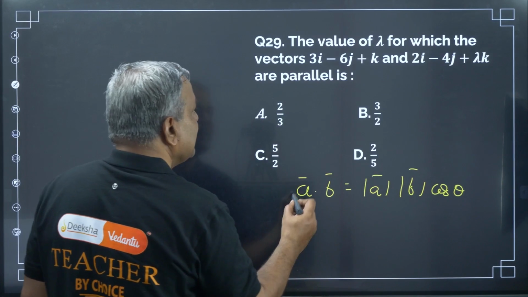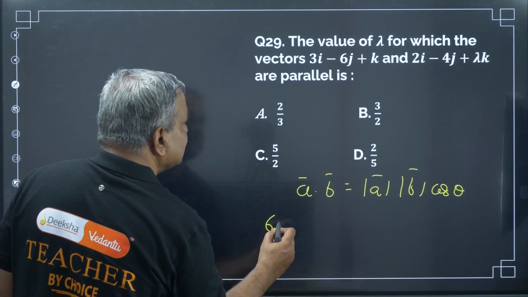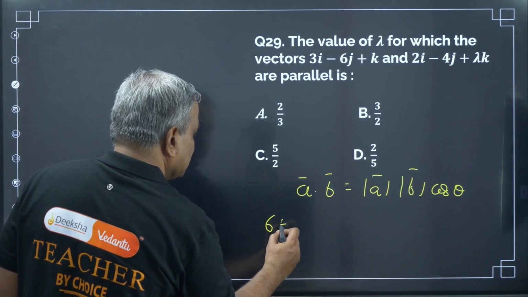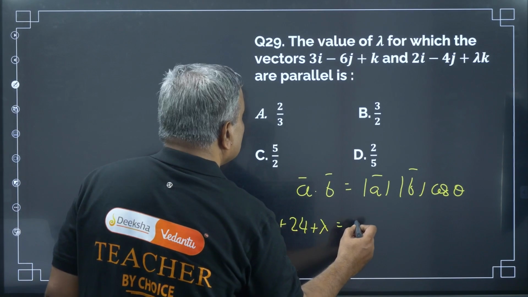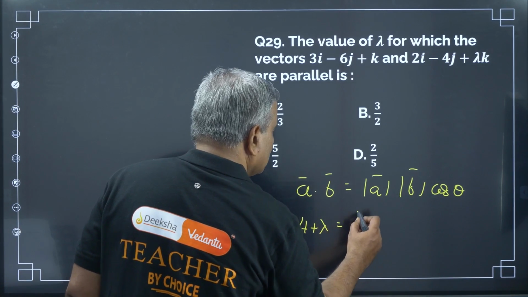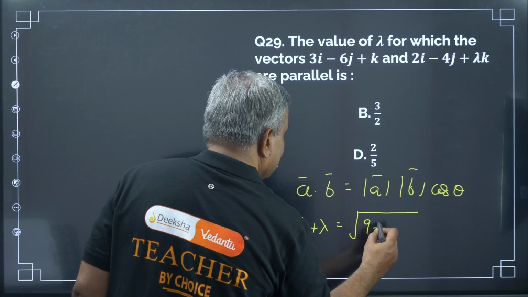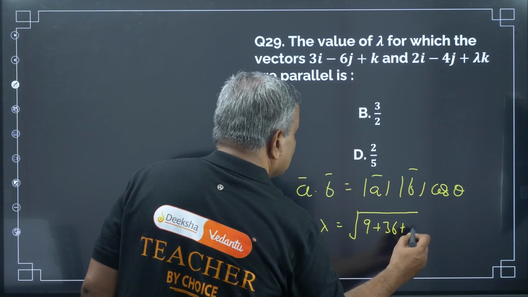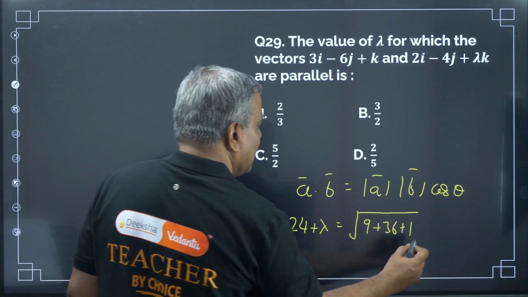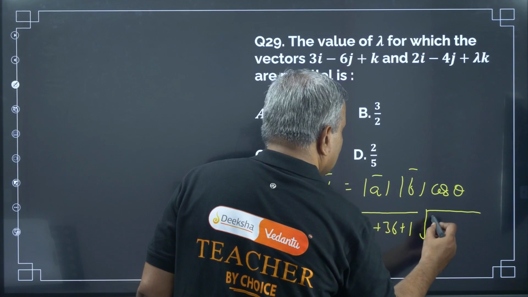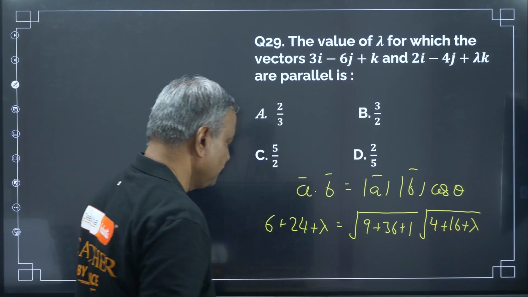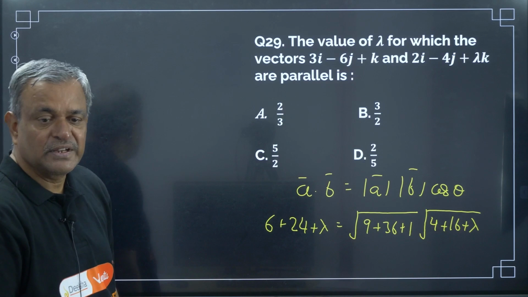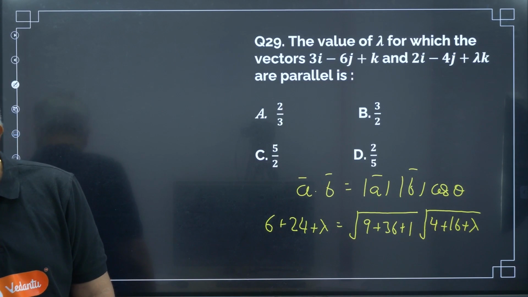So a dot b is 3 twos are 6, minus 6, plus 6 fours are 24, plus lambda, is equal to the mods: under root of 9 plus 36 plus 1 and under root of 4 plus 16 plus lambda squared. From this you can calculate the value of lambda.